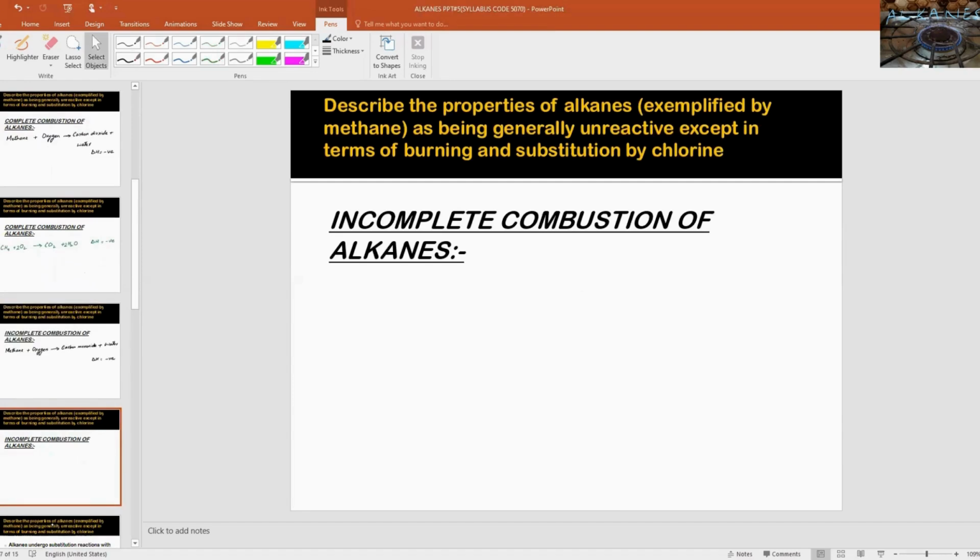Let's write the symbol equation for this reaction. CH4 plus O2 gives CO plus H2O. Delta H is negative.